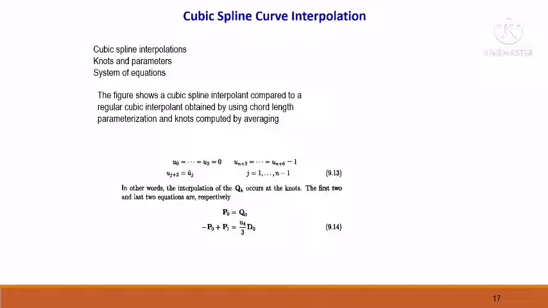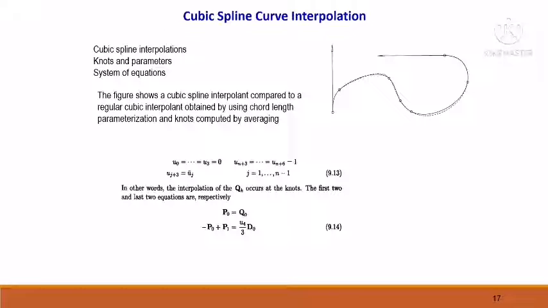I will start with cubic spline curve interpolation. The previous methods are valid for any degree p greater than 1. If p is equal to 3, there is an algorithm which is more effective and yields a better traditional cubic spline. The uk are computed as previously. The knots are mentioned here.